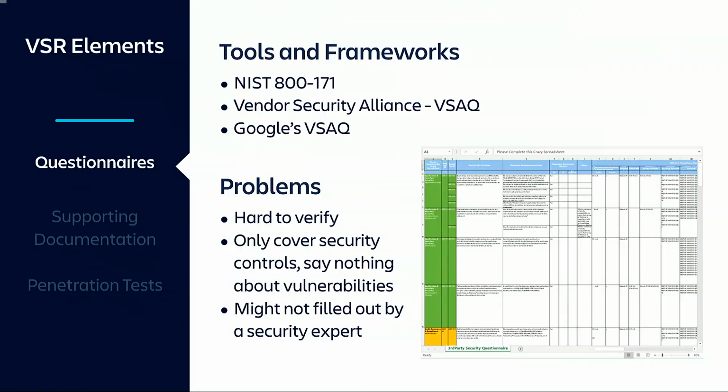I don't know if this looks familiar to any of you, but this ugly thing is what a typical questionnaire might look like, and this is why a lot of vendors hate security reviews. But it's also really daunting on the consumer side, because whoever has to review the answers has to deal with this as well. So pretty bad.